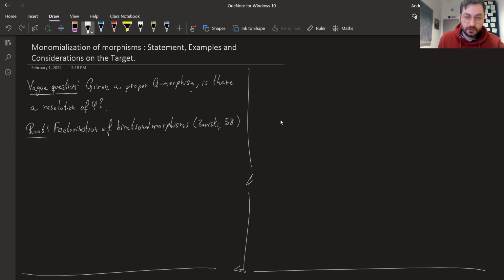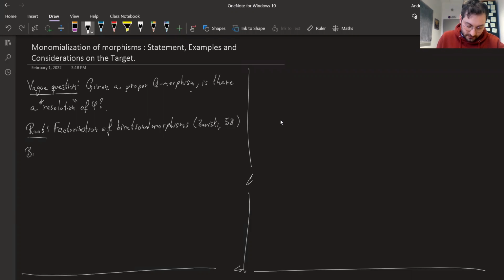It's the first time that the question appears, or that actually a proof appears, in a concrete way for the case of surfaces, the two-dimensional case. So it's a particular kind of morphism here, birational morphism, and there is a notion of what this resolution is, which is yet to be defined.